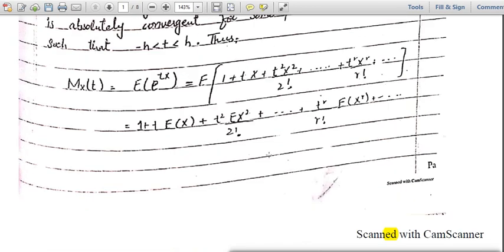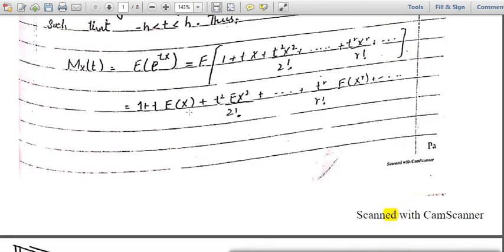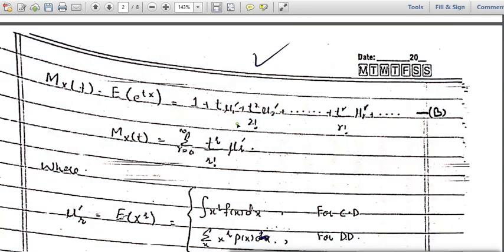Now what is this? This is the moment about origin: the first moment about origin, the second moment about origin, and so on. This is the rth moment about the origin. Now I put here: the expected value of x is the first moment about origin, mu1 prime, then mu2 prime, and so on, mu r prime, and we can write the sum over r from 0 to infinity of mu r prime times t to the power r over r factorial.